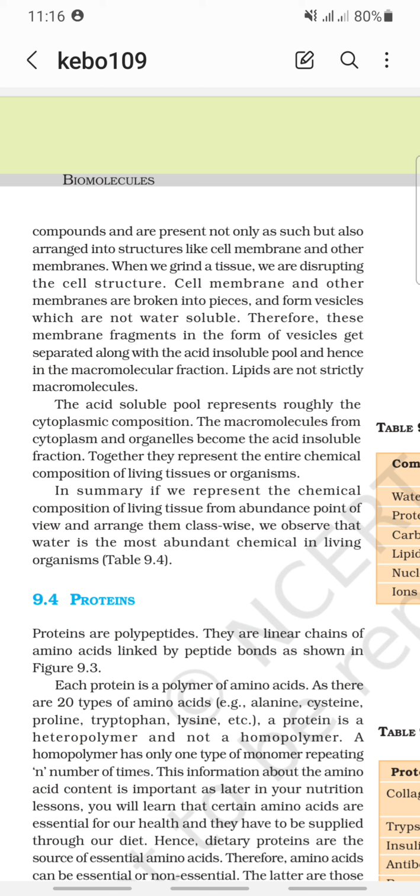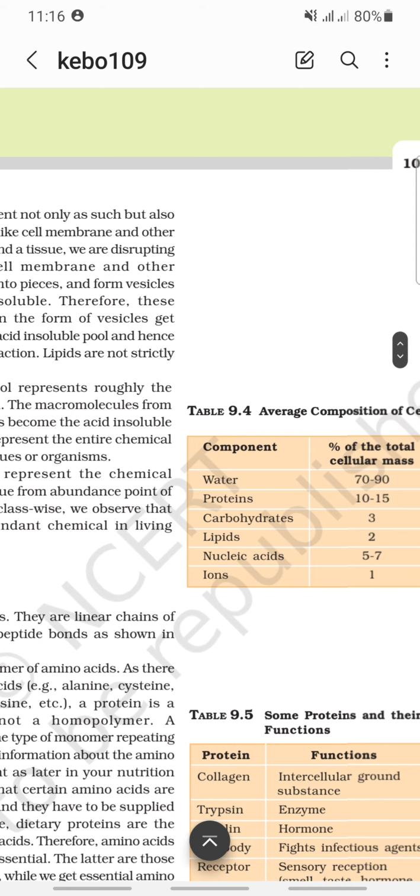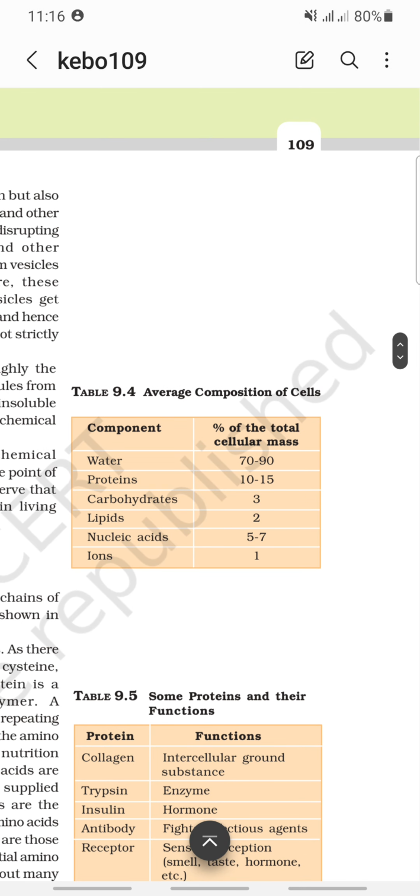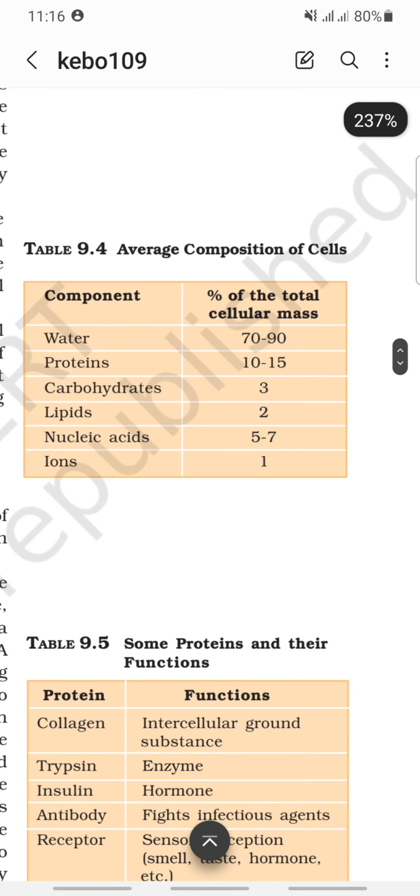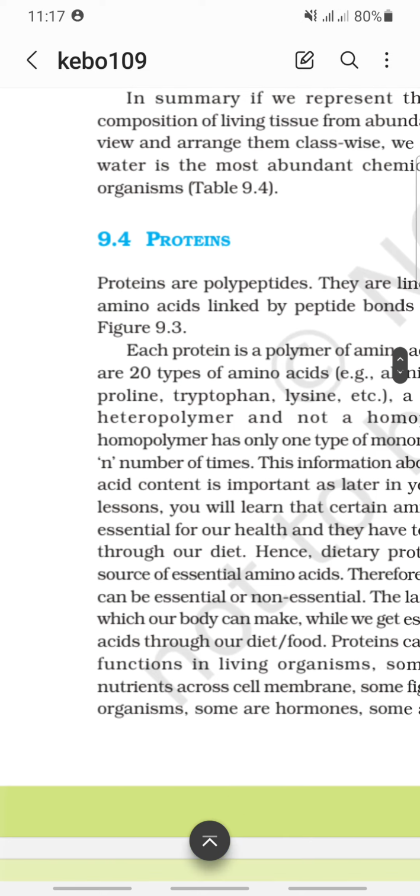In summary, if we represent the chemical composition of living tissue from abundance point of view and arrange them class-wise, we observe that water is the most abundant chemical in living organisms. Table 9.4 Average composition of cellular components: water 70 to 90% of the total cellular mass, protein 10 to 15%, carbohydrate 3%, lipid 2%, nucleic acid 5 to 7%, ions 1%.